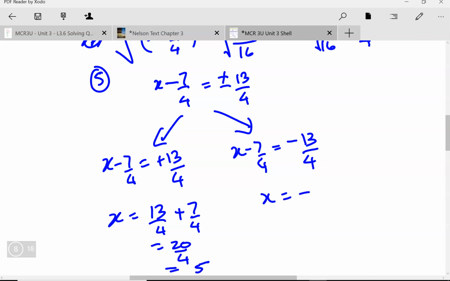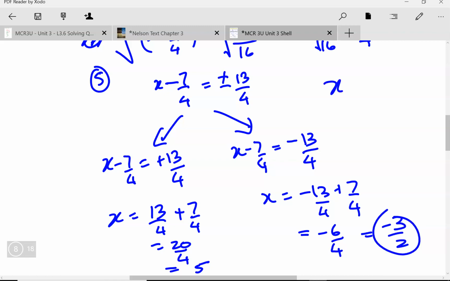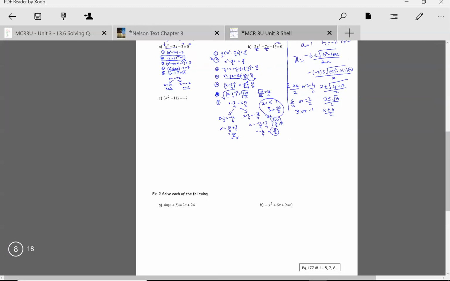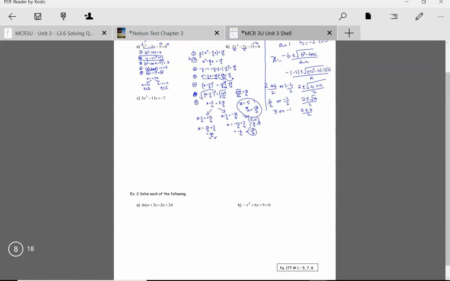Or x equals negative 13 over 4 plus 7 over 4, which is negative 6 over 4, which is negative 3 over 2. So these are my roots. x equals 5 or x equals negative 3 over 2 are my x-intercepts. 5, 0 and negative 3 over 2, 0 are my roots or symmetrical points or whatever you need to do with that. That's how we do this question.